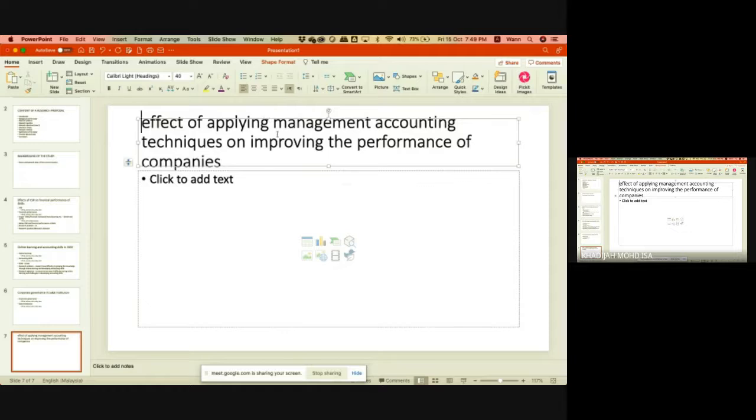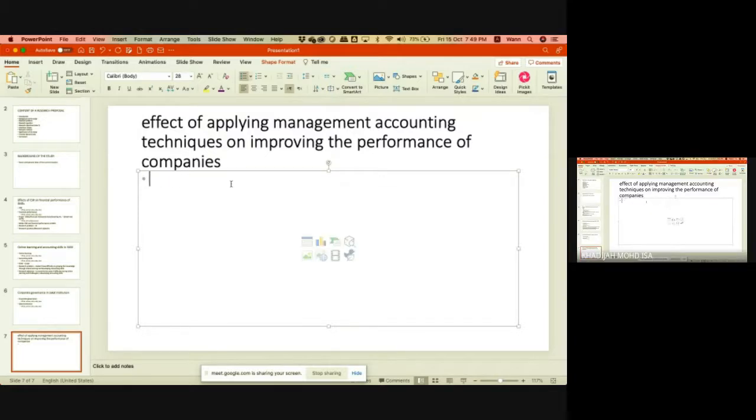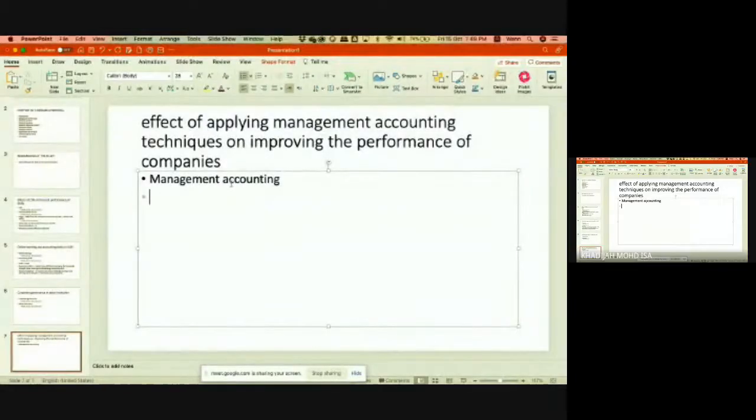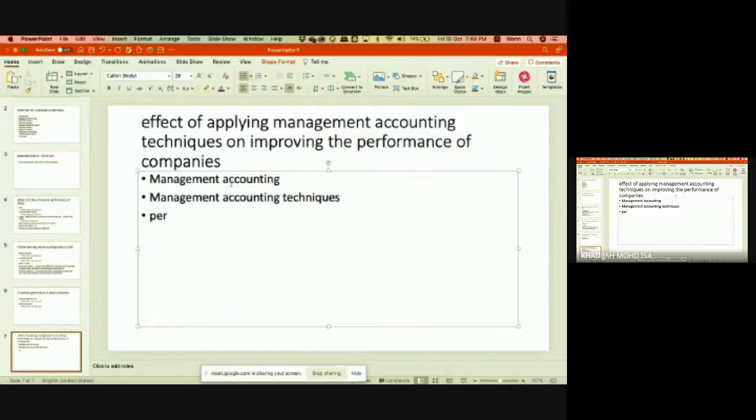Okay, so in this case, give me the keywords from the topic. Management accounting, and then you have management accounting techniques, and then you have the performance.